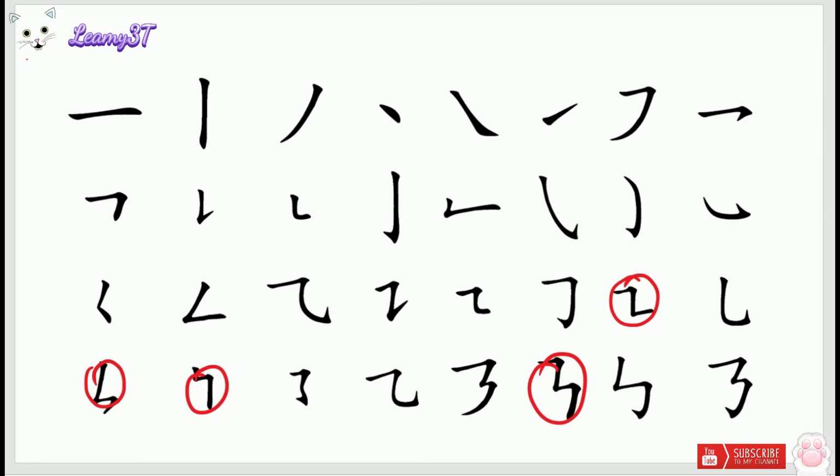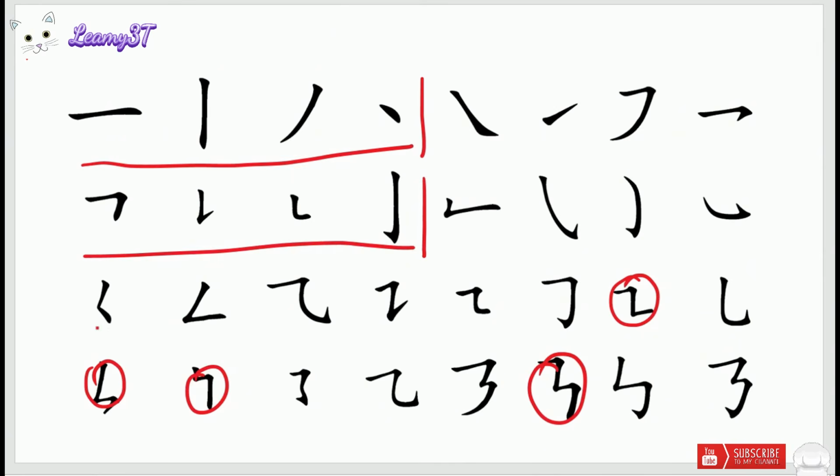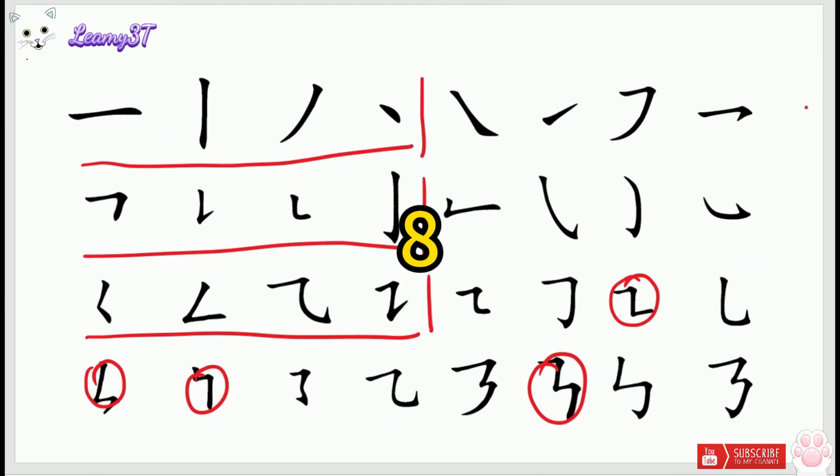So generally speaking, there are 28 commonly used strokes. In each lesson, we will learn 4 strokes. So in just 8 lessons, we will have covered all the strokes.